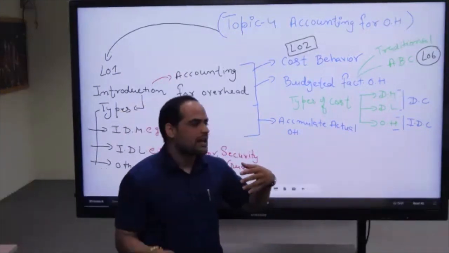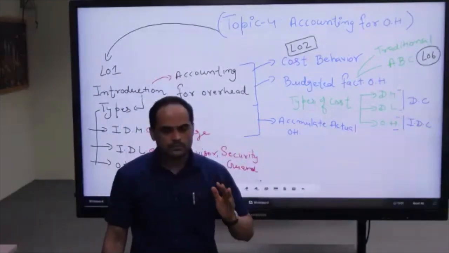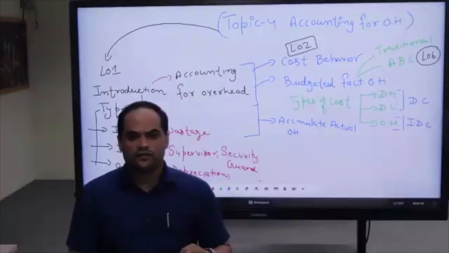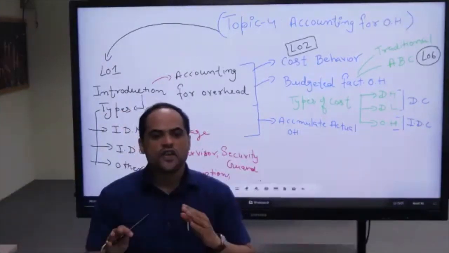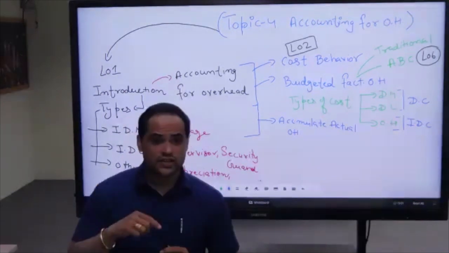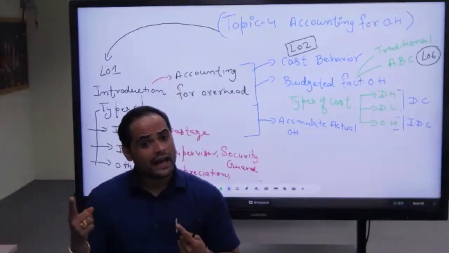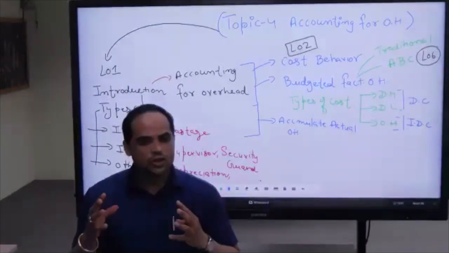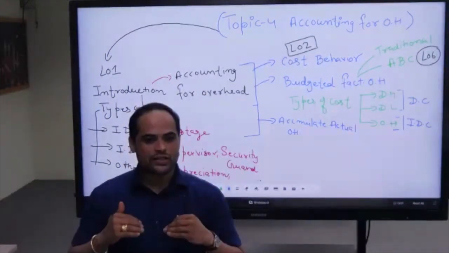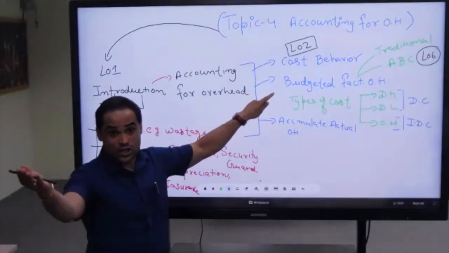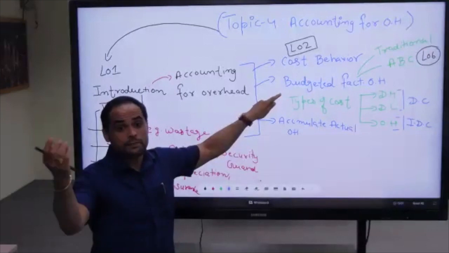Another way to explain it: for example, today is your first day in the semester. On the first day, you make a plan for how many marks you are going to get in this subject. Let's say your plan is 80% marks.